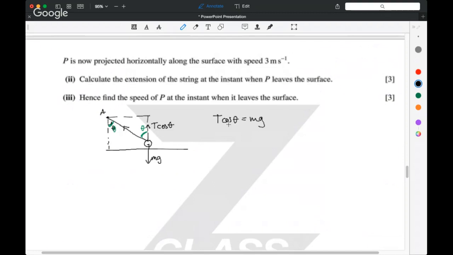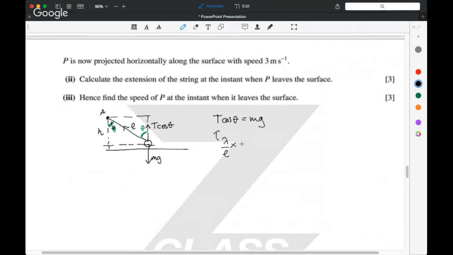Well, why is this useful? Well, we know that T is lambda over L times x. And we know that cosine of theta, so think of this triangle again, is just going to be this, I'm going to call h, so the height of A, divided by L, the length of the string.